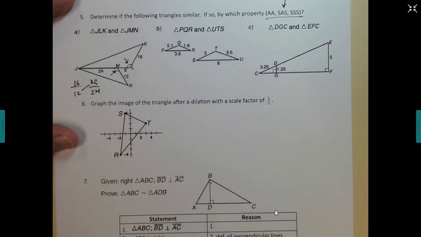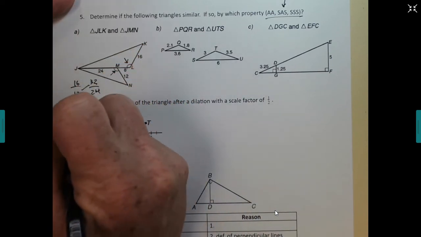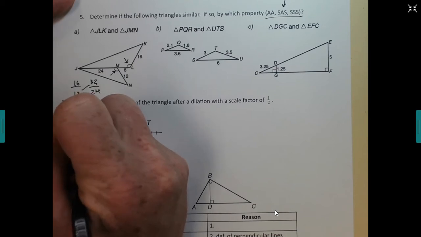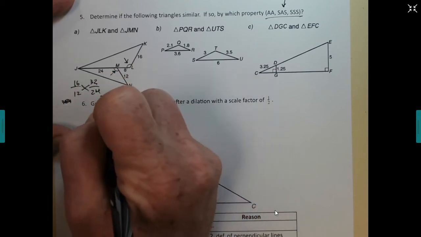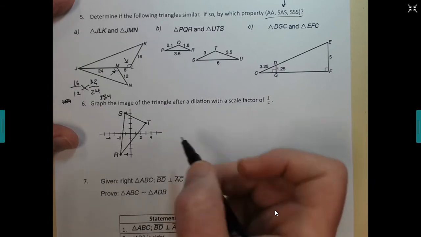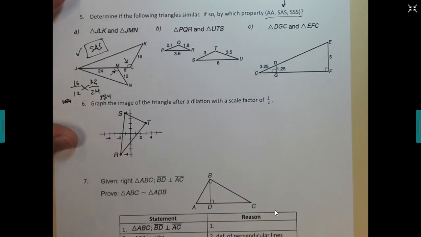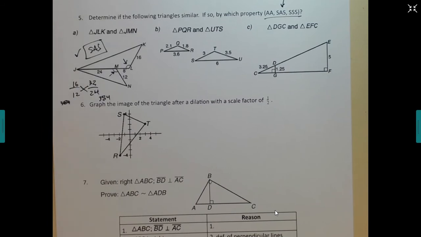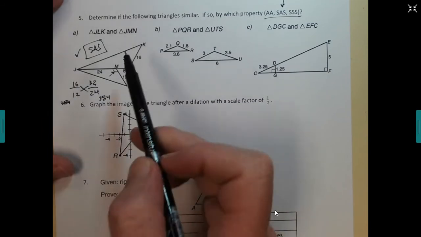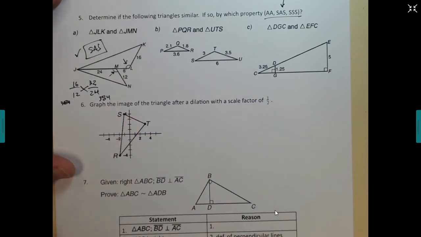If I cross multiply, 32 times 12 is 384. 16 times 24, 384. This is going to work out. I've got an angle, an included angle in between the sides, and the surrounding sides are proportional.